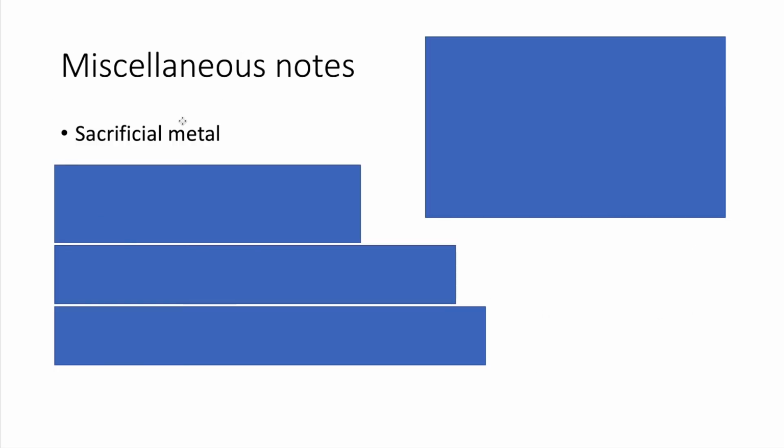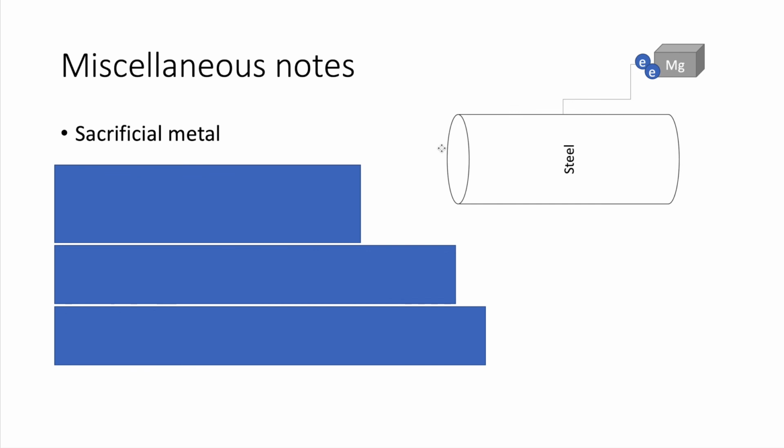And finally, about sacrificial metal. Because of the reactivity series, sometimes a more reactive metal is attached to the metal that is doing the main job, like for example a pipe or a ship hull, and to prevent it from rusting, we use a metal that is more reactive connected by an electrical wire to ensure that electrons can pass through.